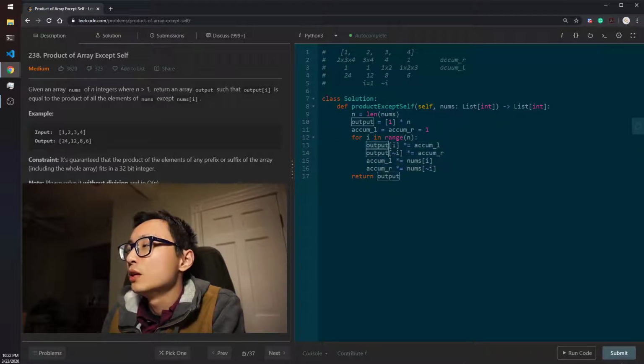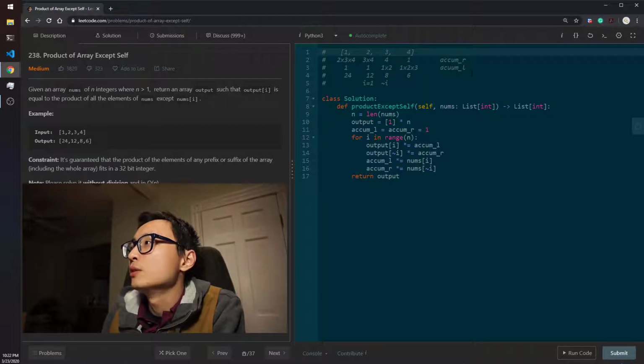We update the output at the i's location before we update the accumulator. That's because at this particular location, we always lag by 1. So initially this is 1. It's only at the second from the right that we update the accumulator by the last element here.